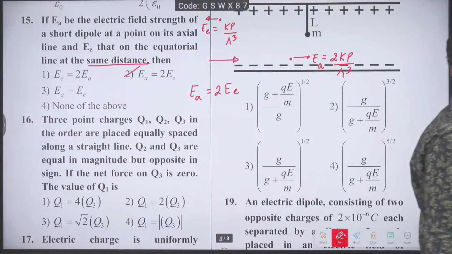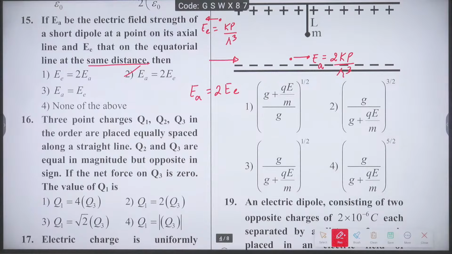So option number 2. Question number 16. Option 4.